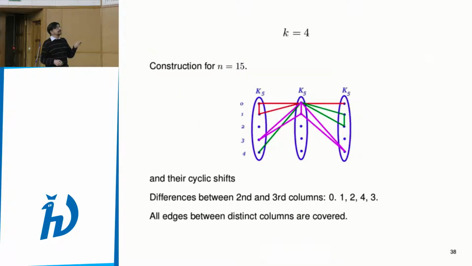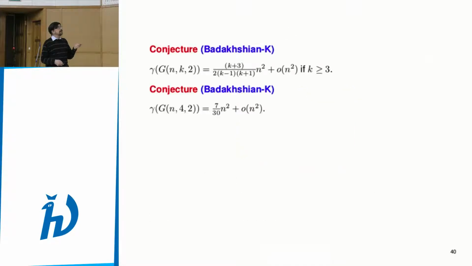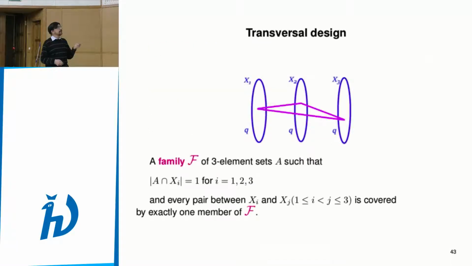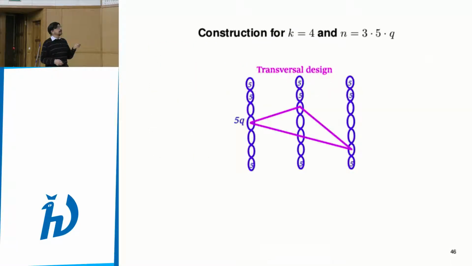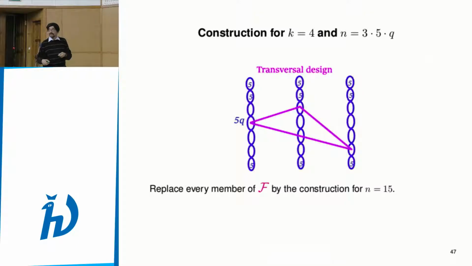So this is 5 elements, 5 elements, 5 elements. And within, now we have this 3 element subset of these 5 element small sets, and plug in our construction for 15, 5 plus 5 plus 5.